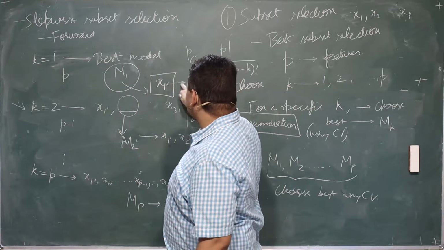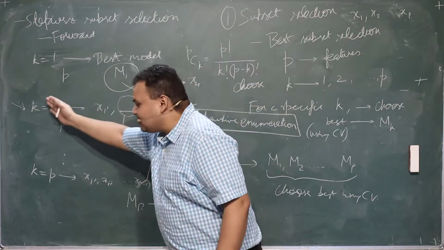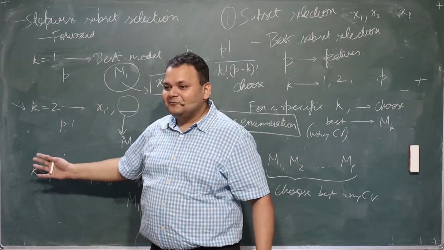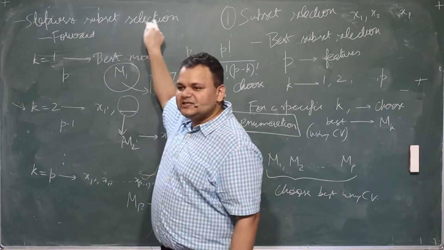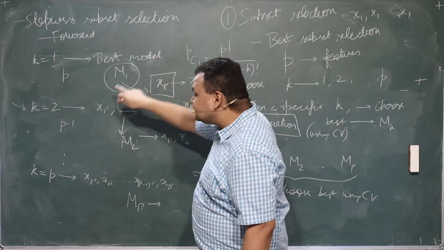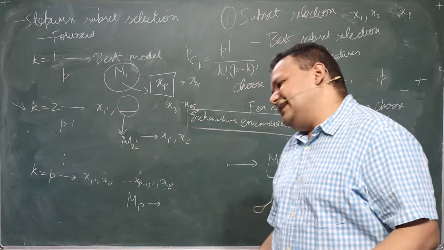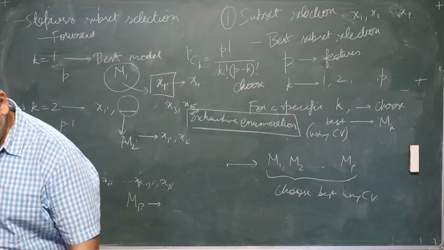We are choosing x4, but it is possible that this x4 may not appear anywhere at all. But if you use this forward stepwise subset selection strategy, then x4 has to appear everywhere else also, which may not be a very good thing to do. So your accuracy may suffer.